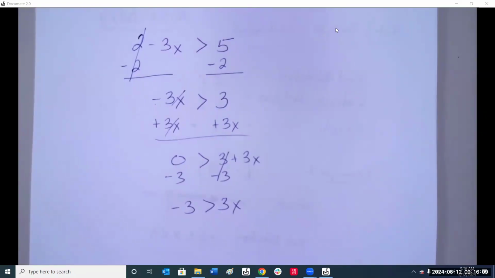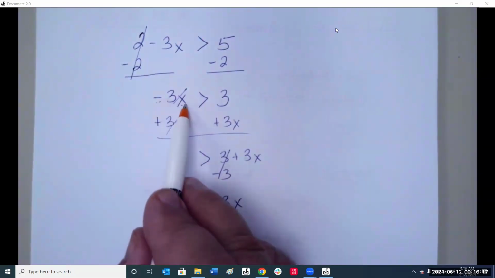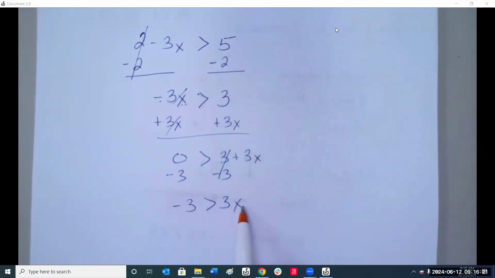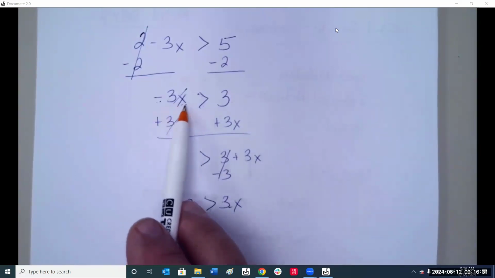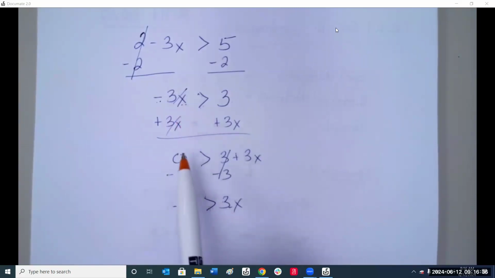So let's look, this is what's important. What has just happened? If I have a negative in front of the x, it's greater than 3. But now, if I get rid of the negative, what happened to the sign? It's now flipped. So whenever you change the sign of x, you flip the inequality.